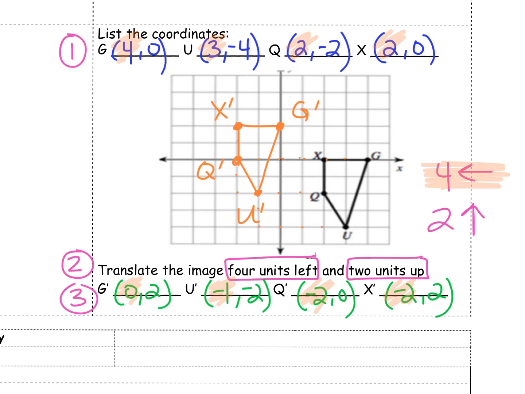Then doing that same thought with my y values, y is 2 up, that's adding 2. 0 plus 2 is 2. Negative 4 plus 2 is negative 2. Negative 2 plus 2 is 0. And 0 plus 2 is 2. So not only can we see it visually on a coordinate plane, we can also think about it mathematically, knowing how we shift and how that affects those coordinates when it moves.